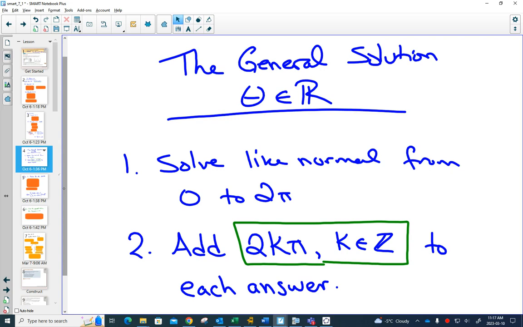So what did we do in that question? Well, step 1, you just solved like normal, like you would in chapter 6, from 0 to 2 pi. Then whatever answers you find, step 2 is you write all the coterminal ones with that one, and to write a coterminal angle, you just add 2k pi, state that k has to be an integer, and this is the general solution.